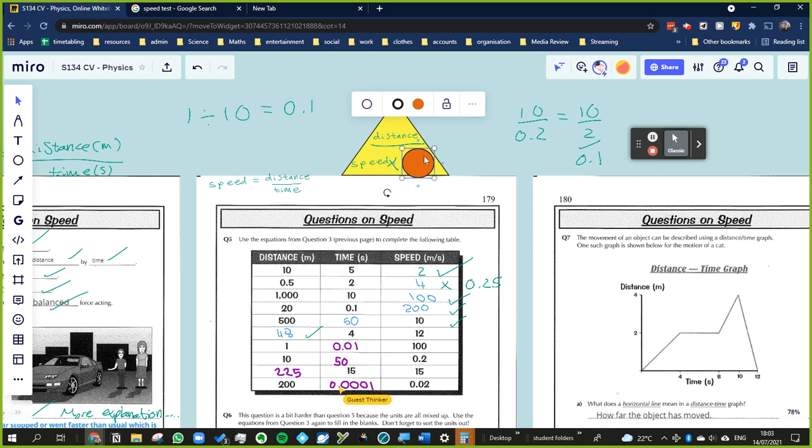Now we've got distance. Distance is speed times time, 15 times 15, which is 225. And the last one, time again, distance divided by speed. This one isn't correct because the answer is very small, and we're dividing 200 by a small number. If the speed is very, very slow and the distance is very large, then it's going to take a very long time to get there.